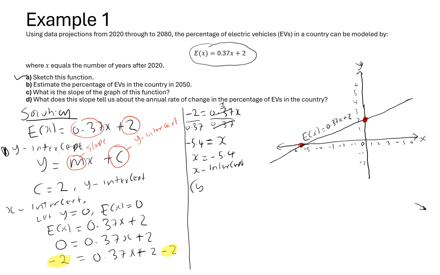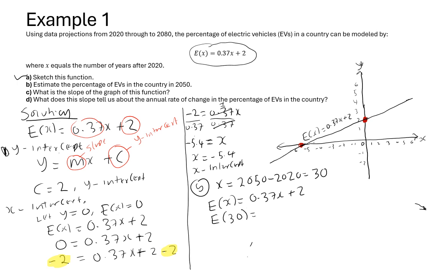B is to estimate the percentage of EVs in the country by 2050. So our x will just be how many years we have after 2020. So our x will just be 2050 minus 2020, and this is just 30 years. We know our E of x is equal to 0.37x plus 2. So we'll have E of 30.